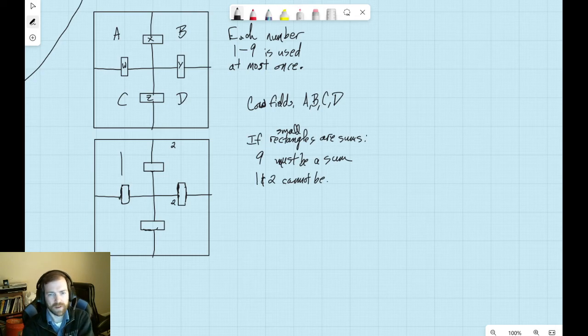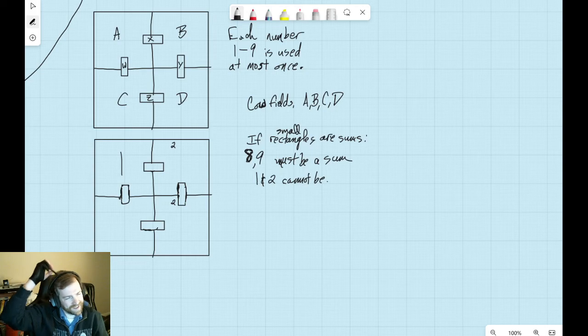So that also means that 8 has to be a sum. Yeah, I do too. Works out really nicely.